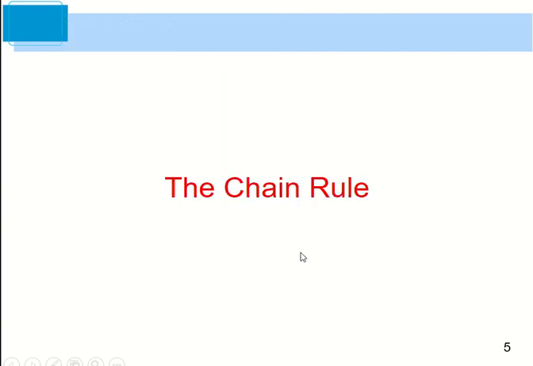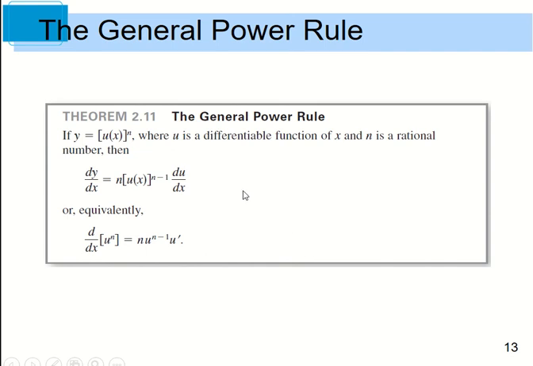So we are going to start with the chain rule. The chain rule says that if we have a function like y equals a function of x in a bracket to the power of n, when we differentiate, this is what we do. First we multiply by the power, the n.